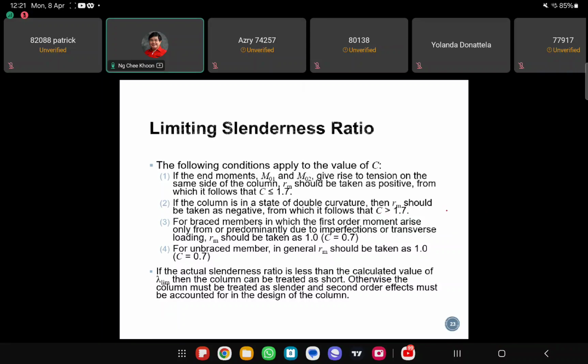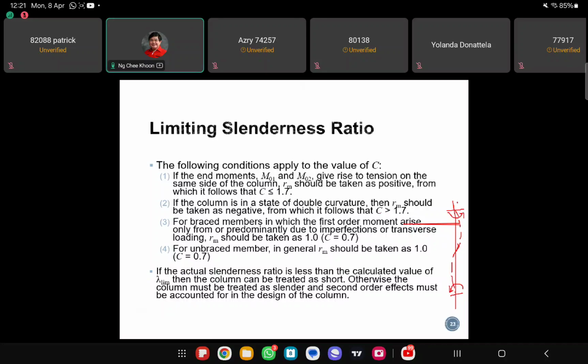So if you have, let's say, a moment in the top end going this way, and then the moment at the bottom goes the other way. So in this case, your column will be bending like this. Okay, so there will be two curvature.